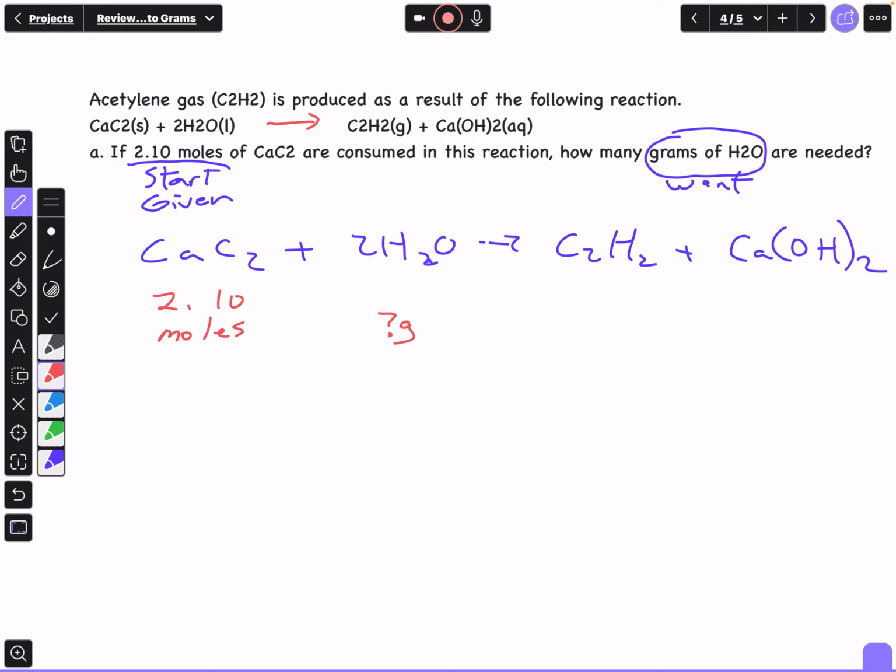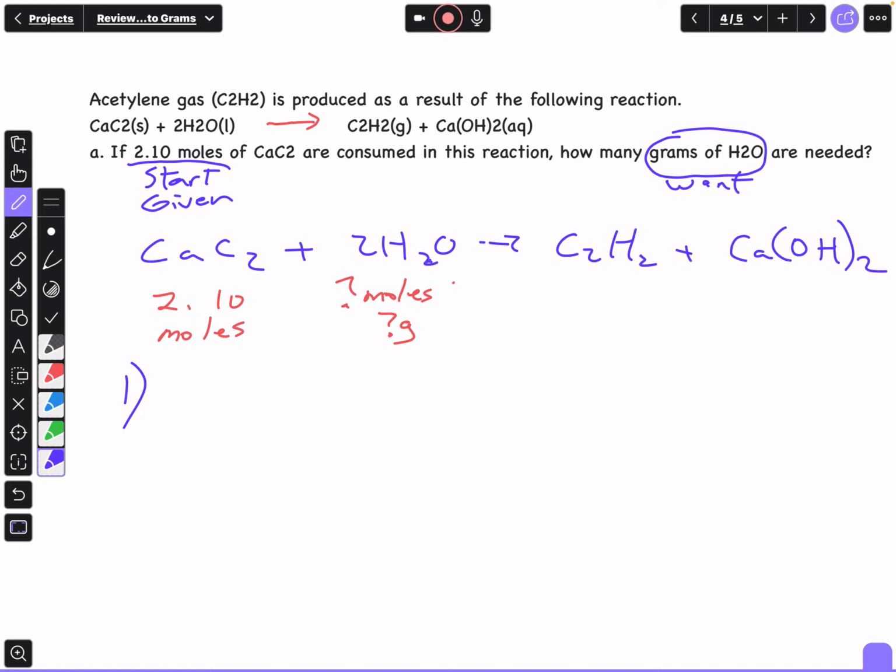Before I can find grams though, I need to find out how many moles are needed. And I do that by setting up a proportion. Now I can do this two different ways, and I've showed you different ways of doing this. Basically, my first step, since I'm given moles, is to go from moles of CaC2 to moles of H2O.